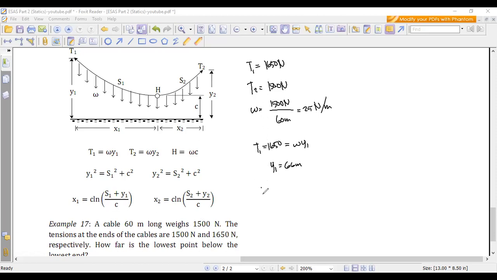And T2, on the other hand, is 1,500. That's omega Y2. So Y2 then is equal to 1,500 over 25, that's 60 meters.